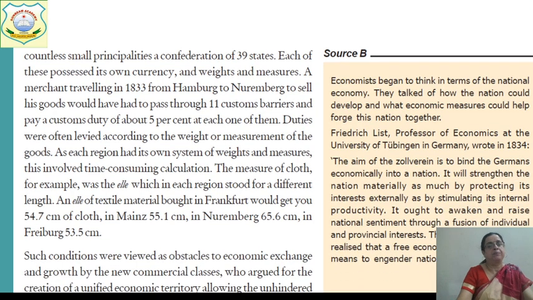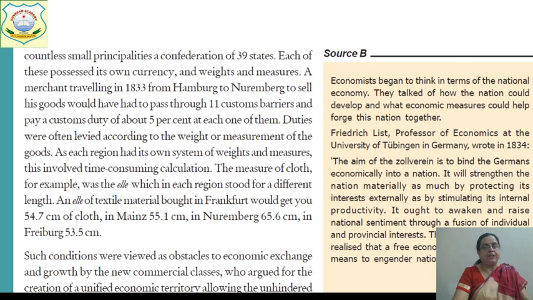Duties were often levied according to the weight or measurement of the goods. As each region had its own system of weights and measures, this involved time-consuming calculation, children. The measure of cloth, for example, was the ell, which in each region stood for a different length.